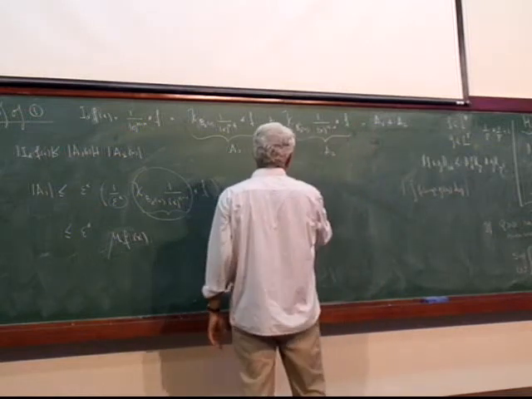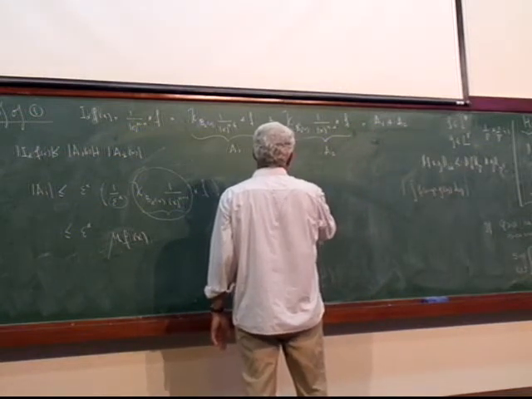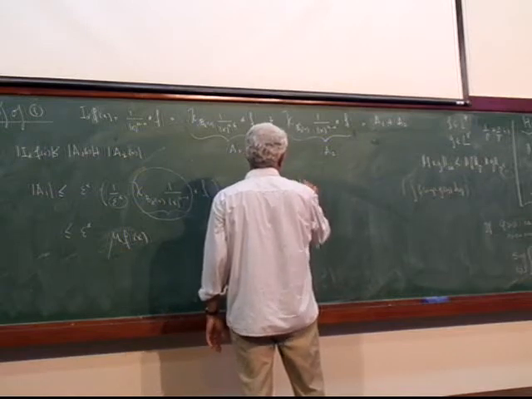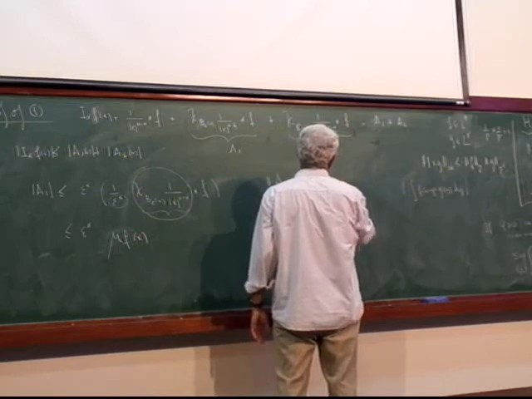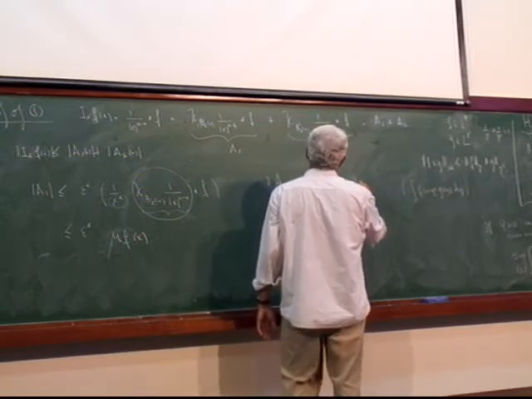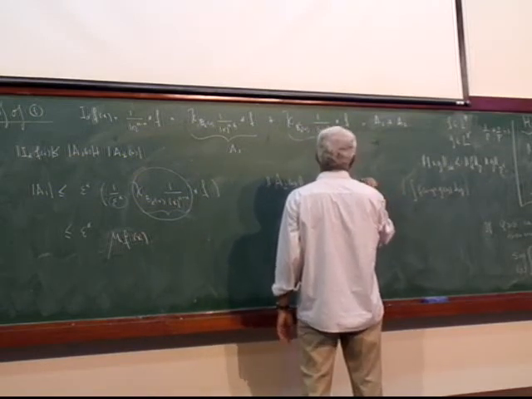This is less, for all x, than the LP of this and the LP prime of this one.